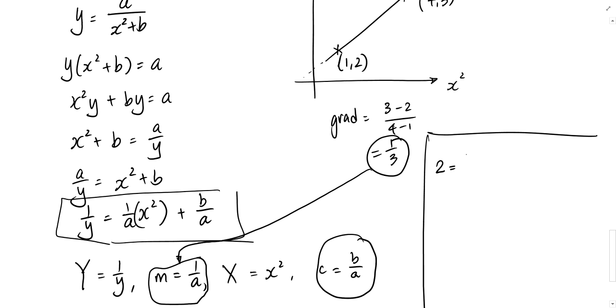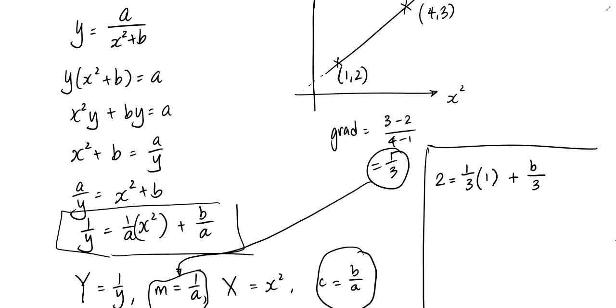2 equals to 1 over 3 plus b over a, and a is found to be 3. Take note that this 1 over here represents our x squared, which is here.